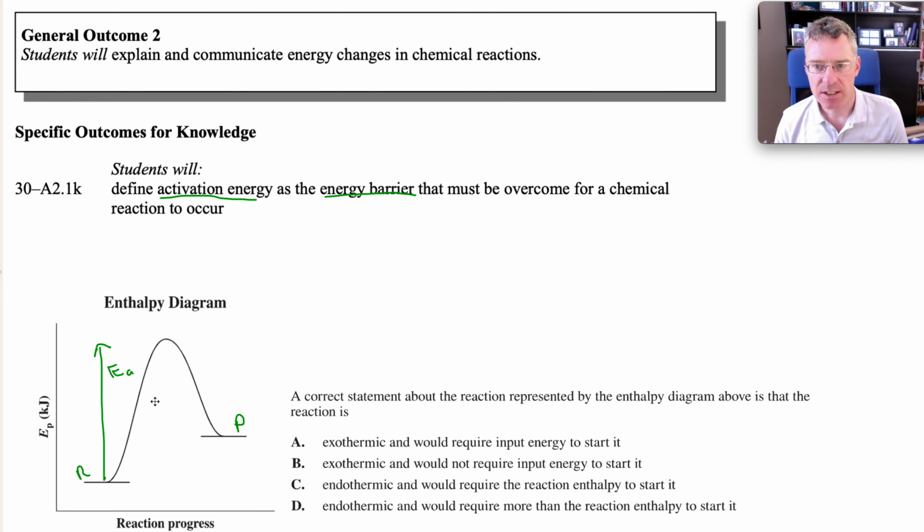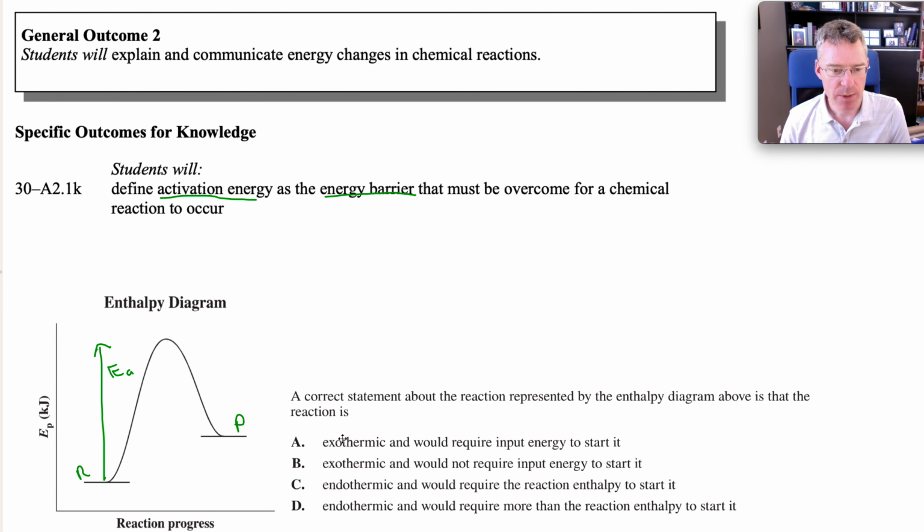Your wooden desks, if you have them, don't just burst into flames. You have to provide some heat or energy to get it started. So that would be the activation energy for the forward reaction. We'll talk about reverse maybe shortly. So the correct statement from the following diagram: that the diagram is exothermic and would require energy input to start it.